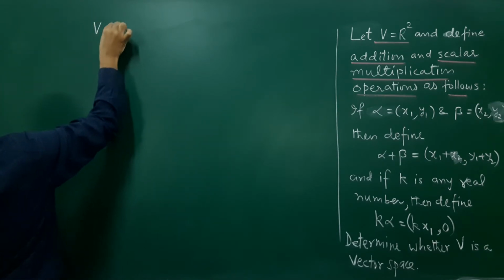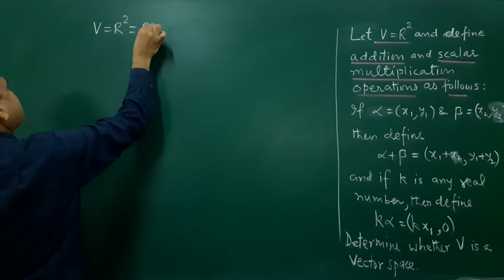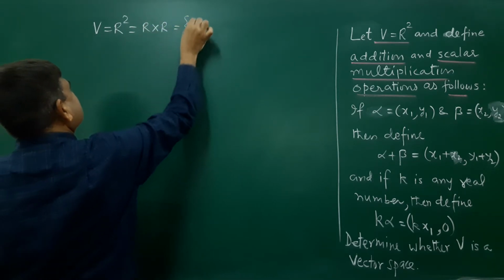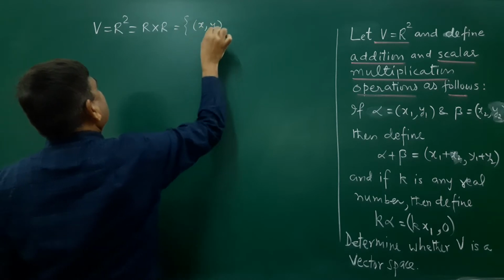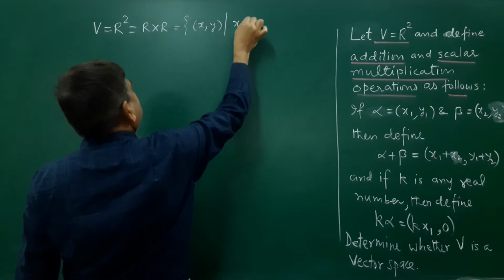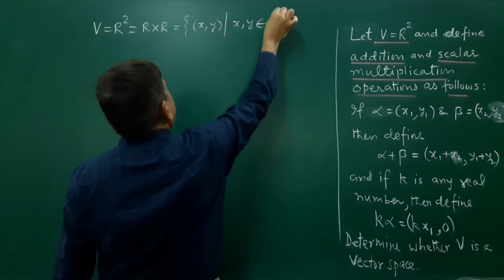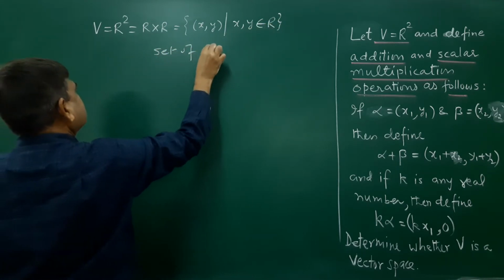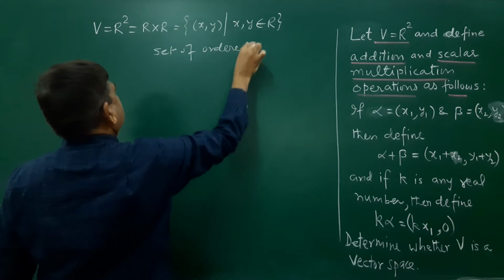V is R square, means it is R cross R, means it is x comma y such that x, y belongs to R. Set of ordered pairs.